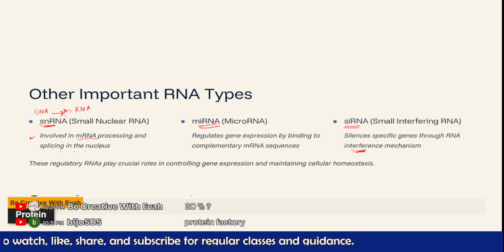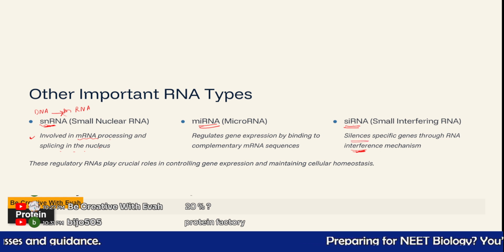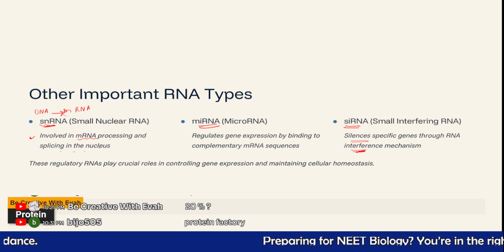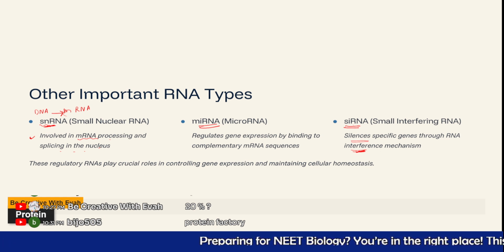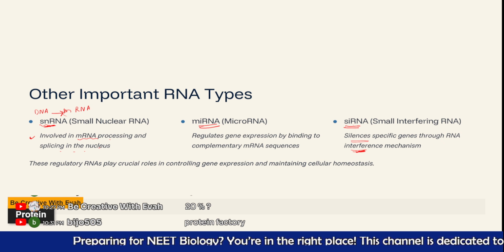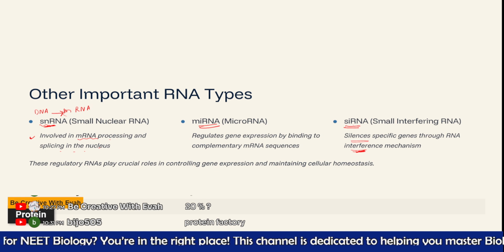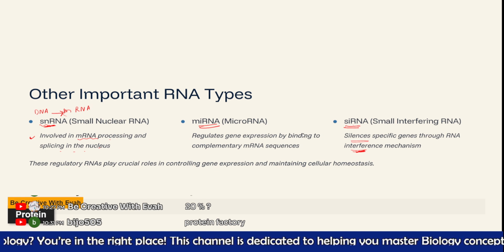In RNA interference, siRNA helps to silence a specific gene. A specific gene will be silenced by this type of RNA. So these RNAs play a crucial role in controlling gene expression and maintaining cellular homeostasis.